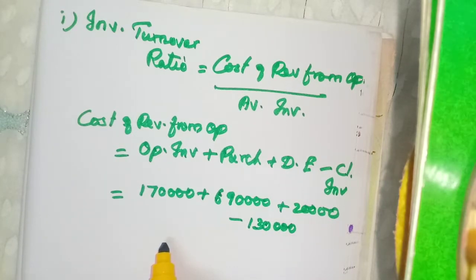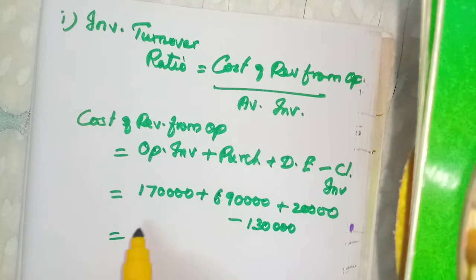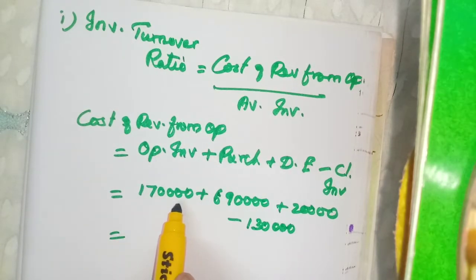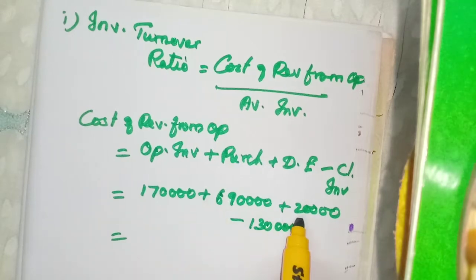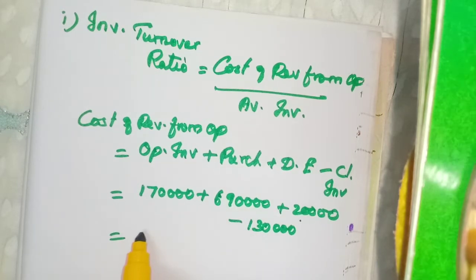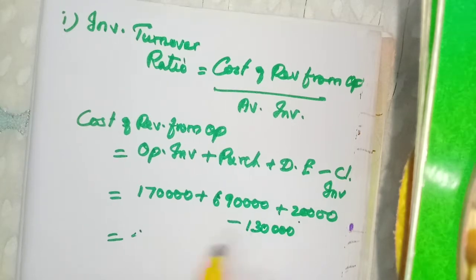Then 1,70,000 plus 6,90,000 plus 20,000 is 8,80,000. 8,80,000 minus 1,30,000 is 7,50,000.